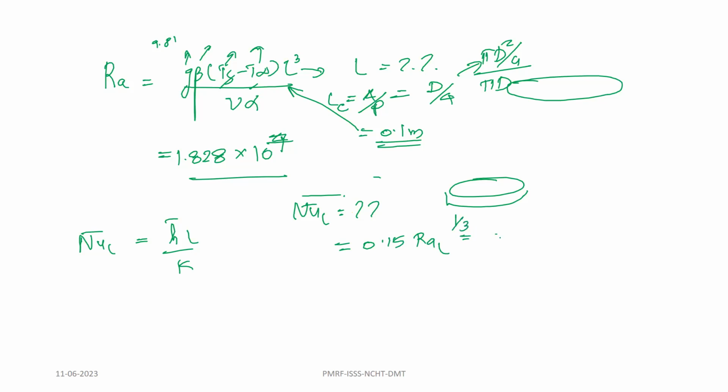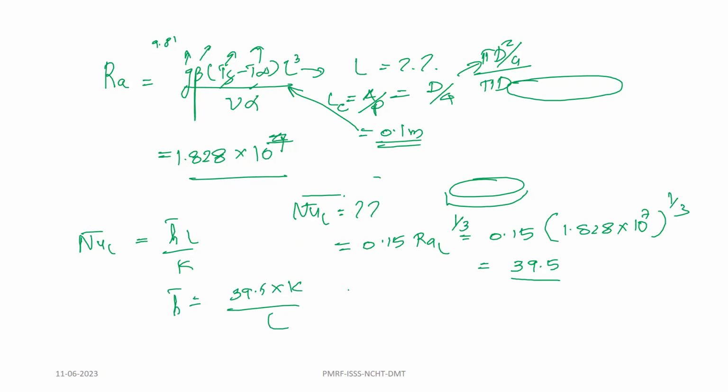So substitute the values: 0.15 into (1.828 into 10 raised to 7) raised to 1 by 3. That value would come to be 39.5. Does it have any unit? No, because the Nusselt number is a dimensionless number. So h bar equals 39.5 into K by L, and that h bar will come to be 57.3 watt per meter square Kelvin.